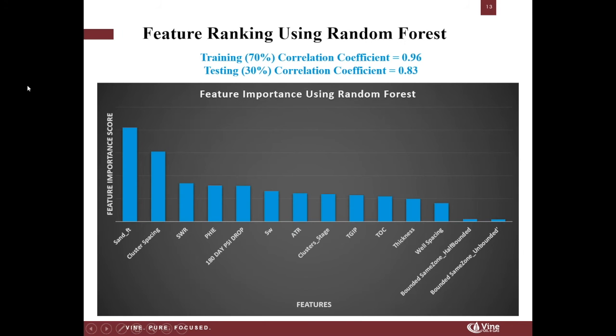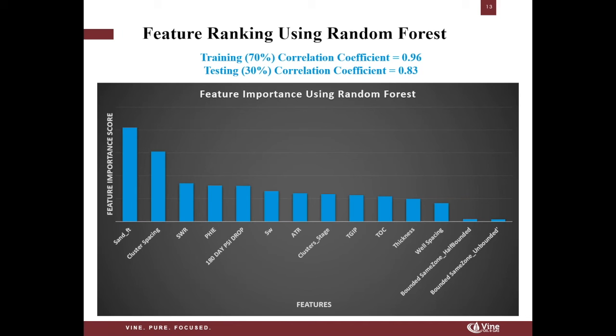So we use random forest to understand what is the importance of each of these completions features on the output feature, which if you recall, was EUR per 1,000 feet. As you can see here, you have sand per foot and cluster spacing falling at the top of the tree, followed by sand to water ratio and some of the geologic features. So this is, again, in a particular area in Haynesville.